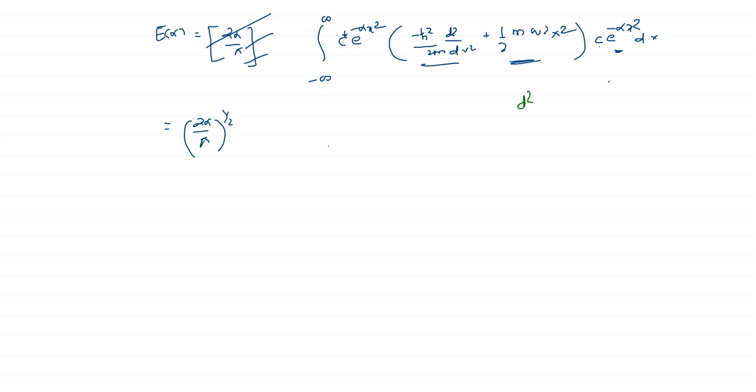So d2 upon dx square of e raised to minus alpha x square. We know what the single derivative is: it will be minus 2 alpha e raised to minus alpha x square into x. Now let us take the second derivative.